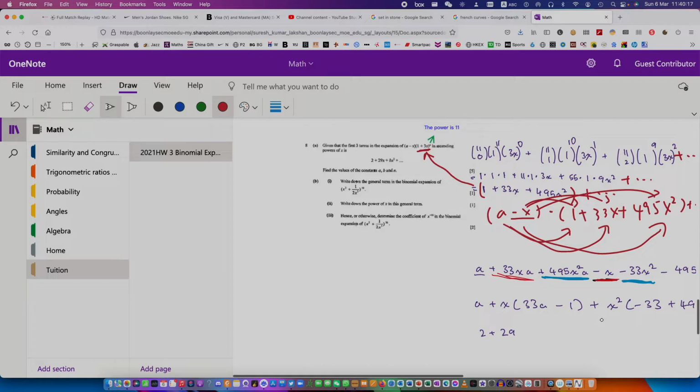So what's A? A equals 2. So what's your x term? It equals 39x. Did you make a mistake somehow?